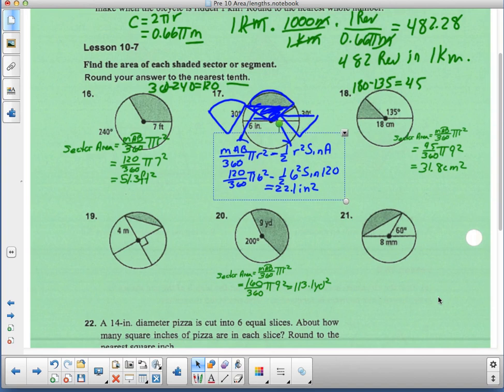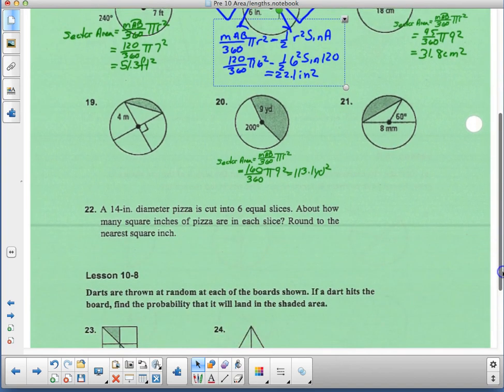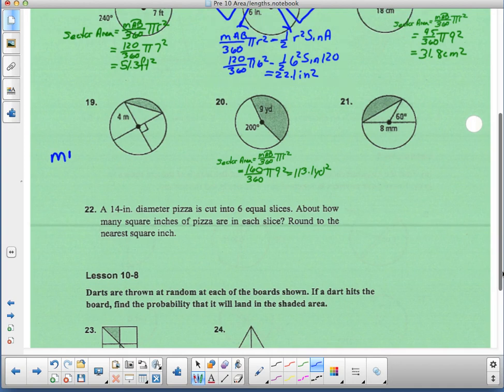All right, so we're going to do another one. I would do one by myself if I were you, to make sure I was comfortable with it before I check the solution, now that you have the formula to work with. So this is 90, so it's going to be 90 out of 360.